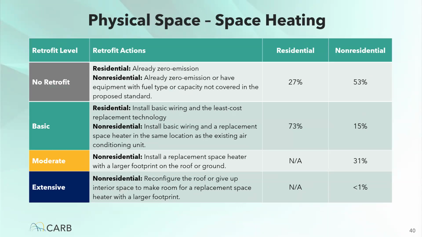This slide shows the physical space retrofit results for space heating. On the residential side, 27% of housing units already have a zero-emission space heater, and there are a wide range of zero-emission space heating technologies available for different building conditions.